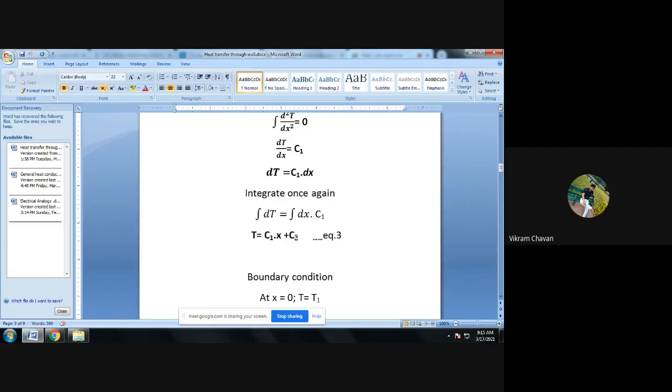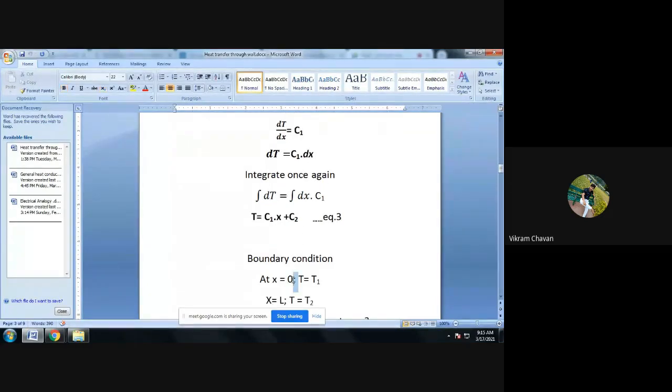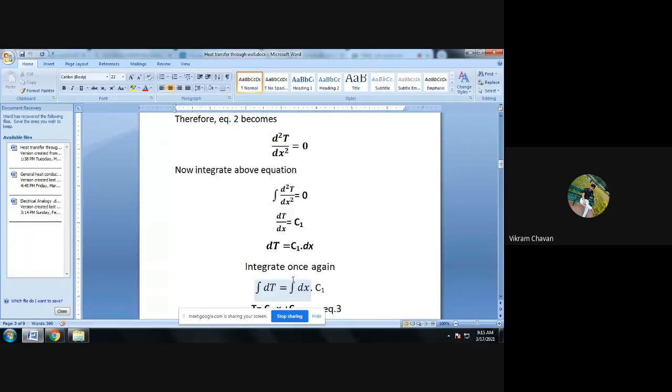Then there are boundary conditions. What are the conditions at the boundary of that particular body? That is nothing but the boundary condition of the particular object. Boundary condition means when we start measuring, we have to start from 0.